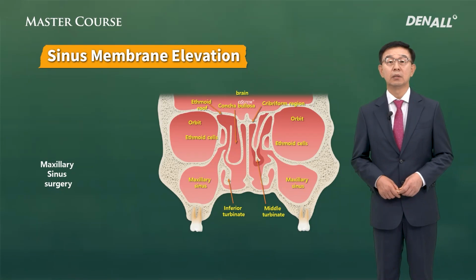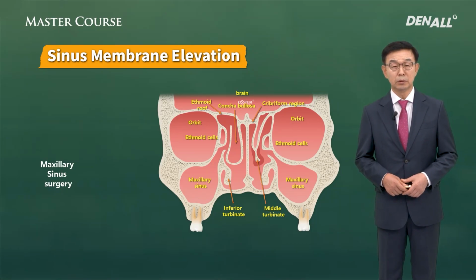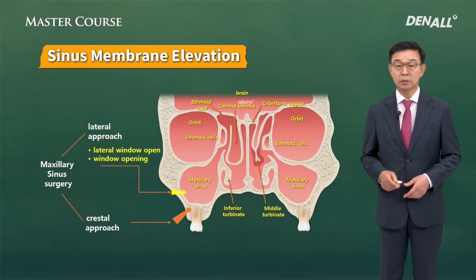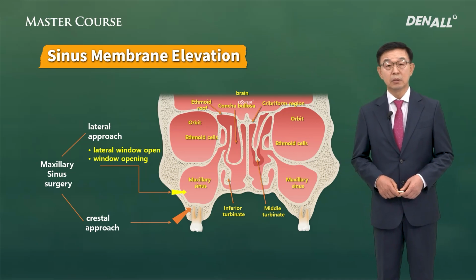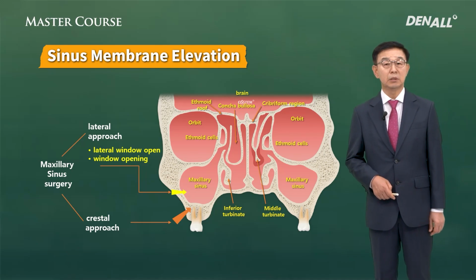Let me first talk about sinus floor elevation. If there is a lack of alveolar bone, you can do a lateral approach or crestal approach to do sinus lift. At times, bone graft may be done as the implant is placed.